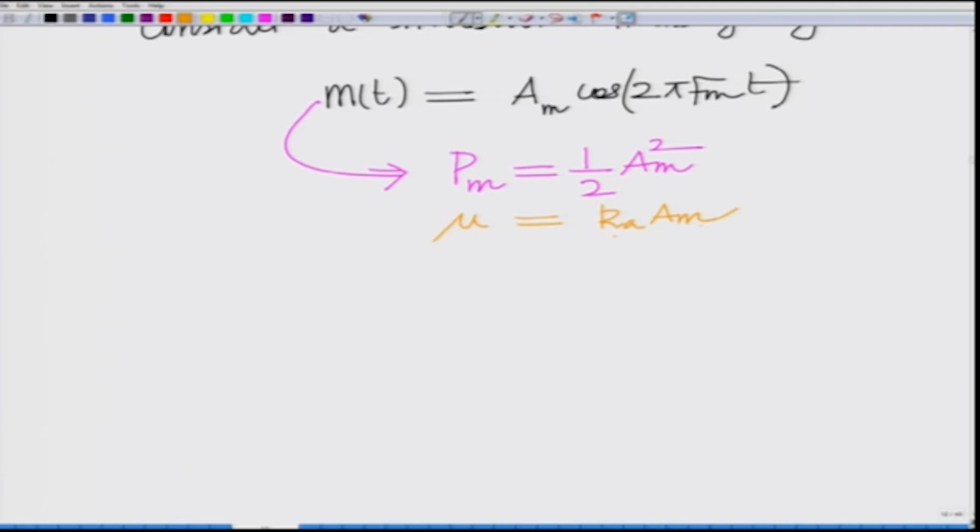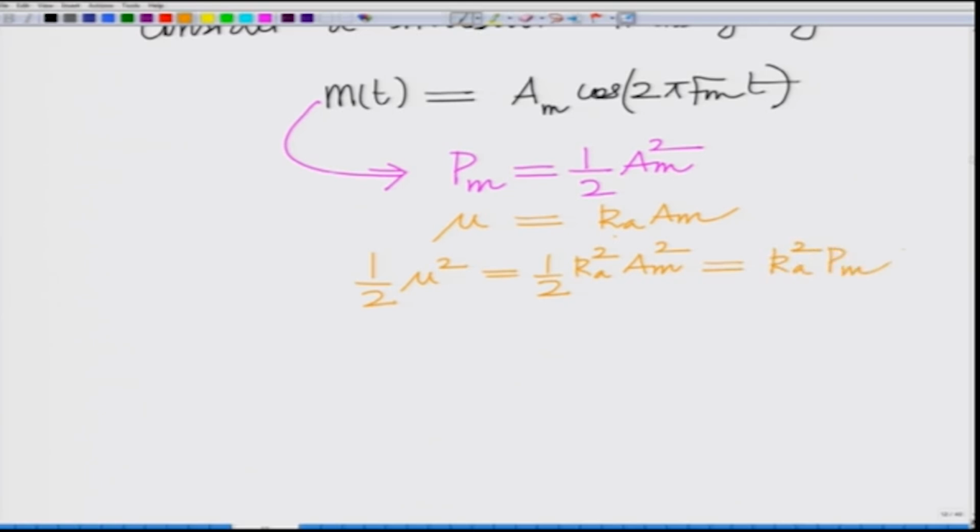And therefore, now we can also write half mu square equals half Ka square Am square, but half Am square equals Pm.